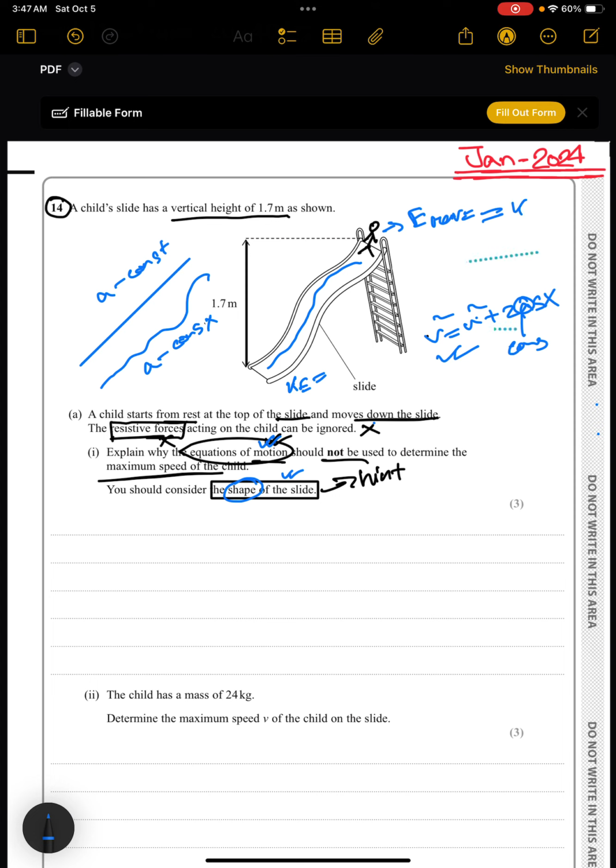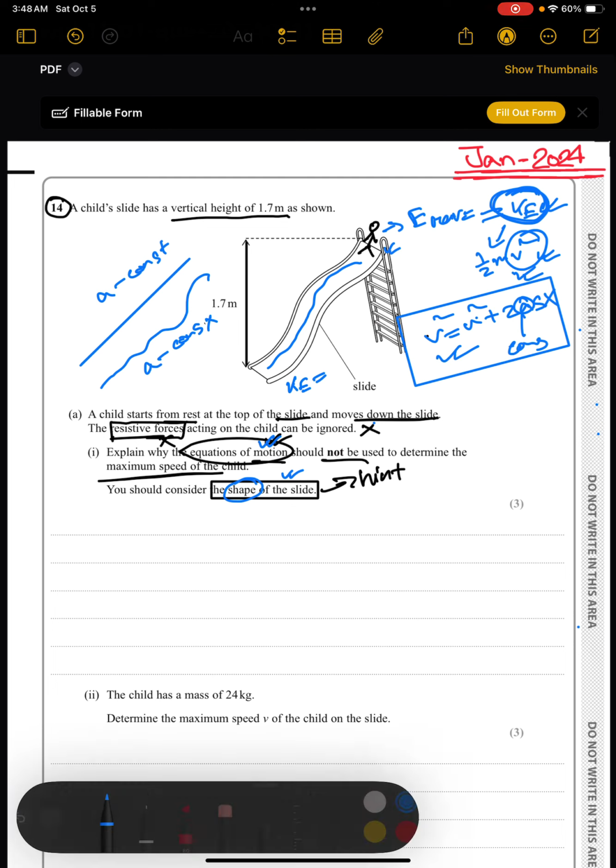So if we are able to find out this gravitational potential energy, we have also found out the kinetic energy. And we all know the formula of kinetic energy is half mv square. So if we know the kinetic energy, then we can use that kinetic energy to find out the velocity. So we cannot use the equations of motion formula to find out the velocity in this scenario. We have to find out the kinetic energy and then use that kinetic energy to find the velocity.